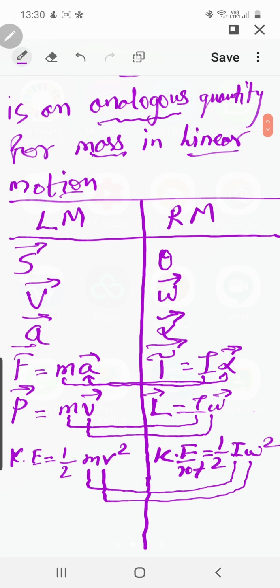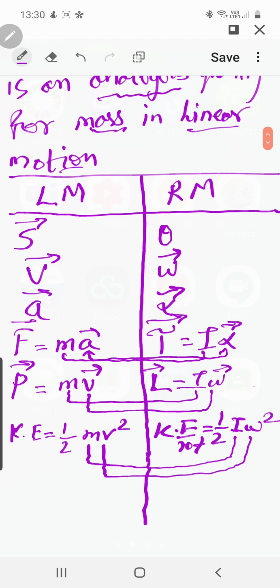So like that the notation keeps on changing between rotational motion and linear motion, and there will be changes in the formula also, but we are substituting the quantities belonging to rotational motion.